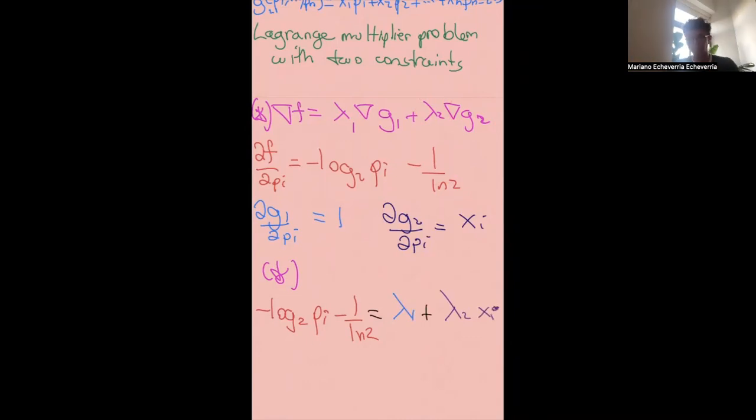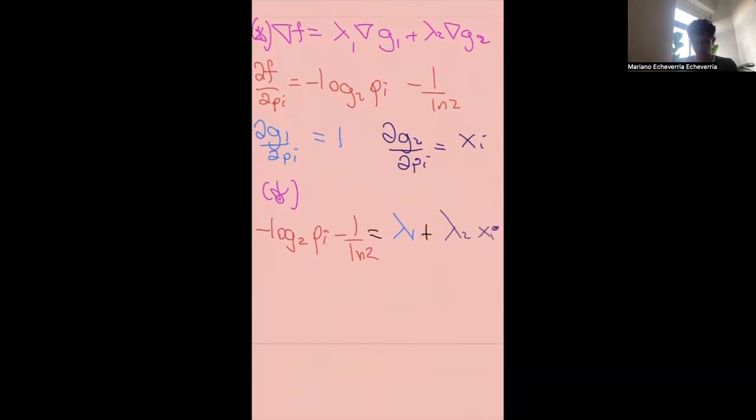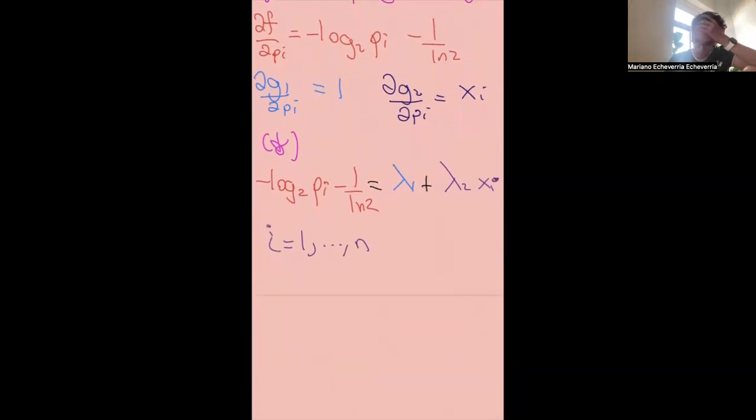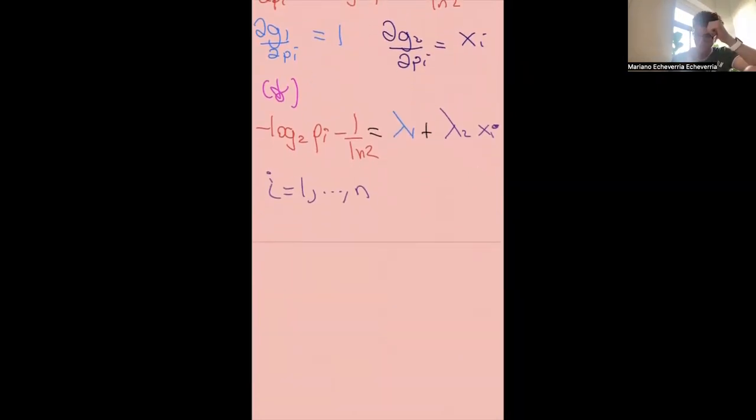Okay, and you have one of these equations for each i from 1 to n. So this equation is valid for i equals 1 up to n. So let's do the same as before. I want to have log of p_i as a positive quantity, so I'll move it to the other side.